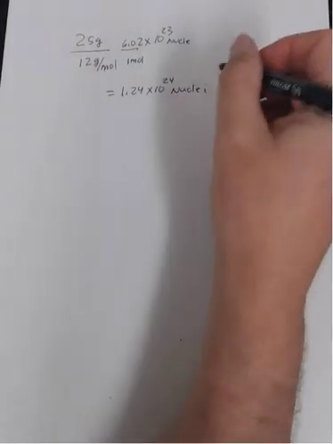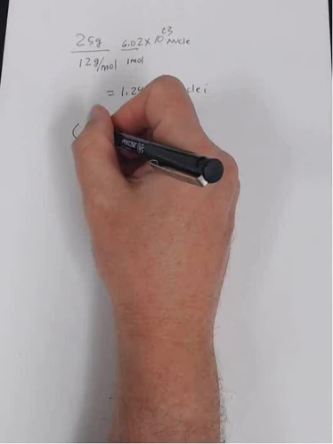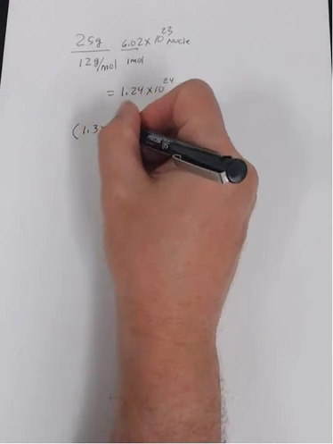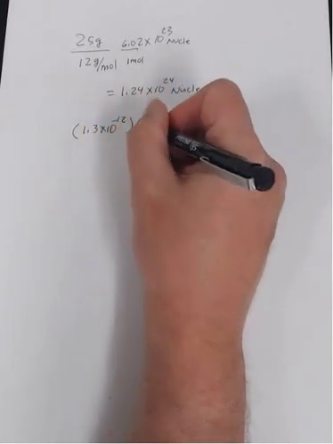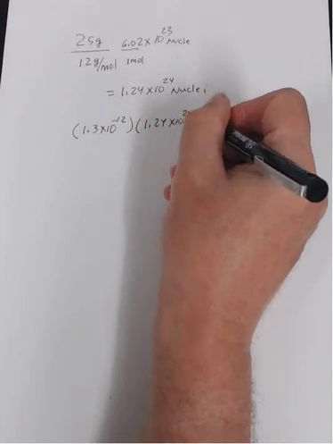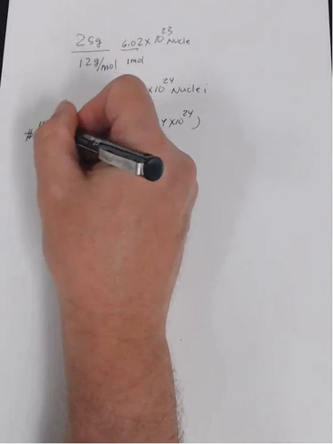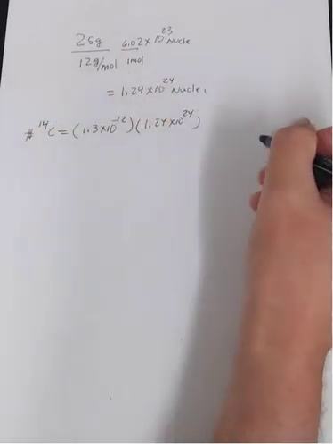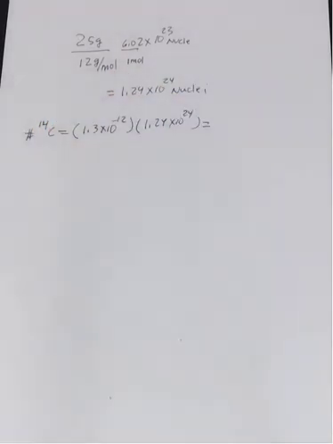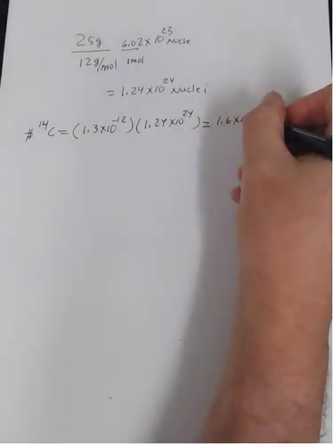And the ratio of carbon-14 to carbon, we said, was 1.3 times 10 to the negative 12. So if I take that times the 1.24 times 10 to the 24 nuclei, this is going to be number of carbon-14. I get 1.6 times 10 to the 12 nuclei.